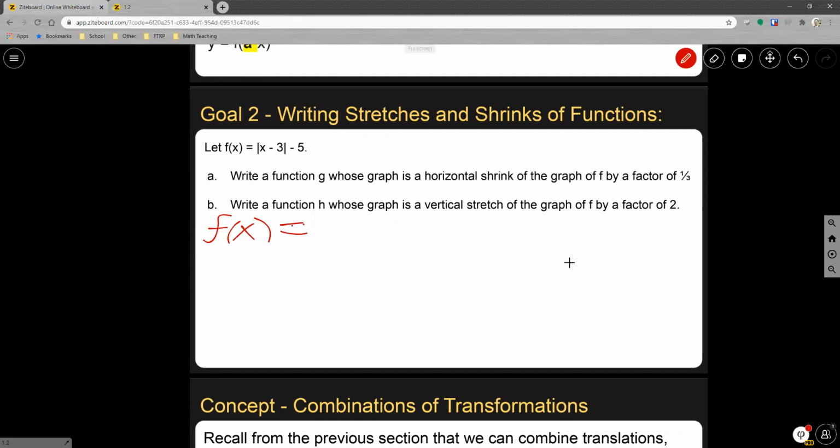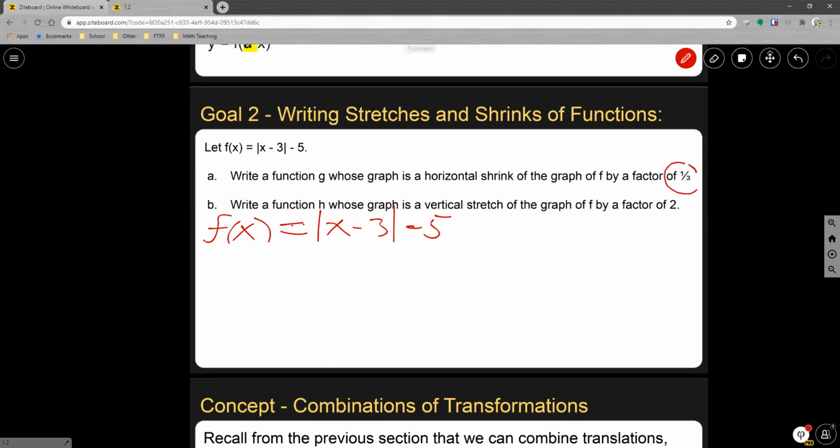So f of x is the absolute value of x minus 3, minus 5. If I want to do a horizontal shrink by a factor of 1/3, this is where things get a little bit crazy. The factor is always going to be reversed.